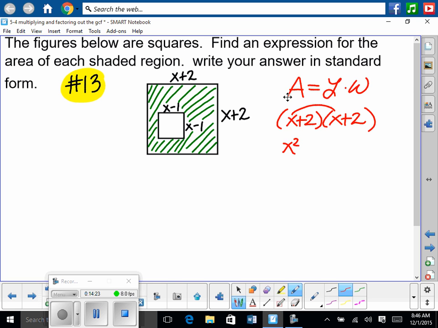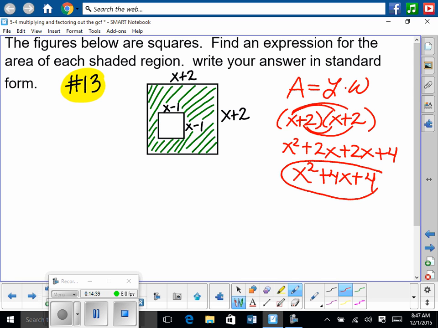We're going to have x squared plus 2x plus 2x and then plus 4. Combine my terms, so the area of all of it without the white box is x squared plus 4x plus 4. Now, does everybody understand that? But we're not completely done. Yes, that is the area of the whole thing. Now, don't we have this white box that we need to take and subtract off?